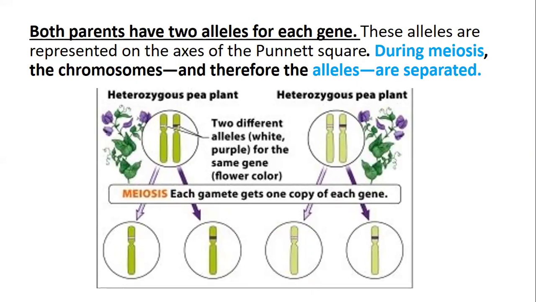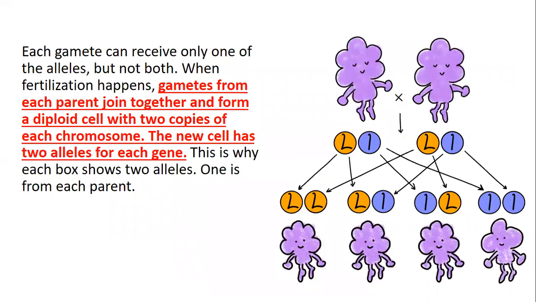We know that both parents have two alleles for each gene, but during meiosis, all of the chromosomes are separated, therefore all the alleles are separated so that we have two chances. But when the gametes from each parent join together, they form a diploid cell with two copies of each chromosome, so they will have two alleles for each gene.